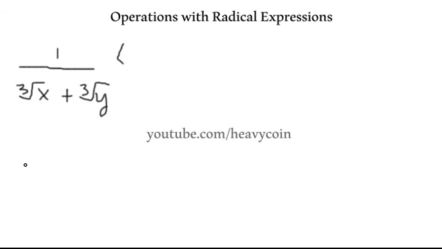This is a little trickier here because I just saw something. Let me rewrite this as 1 over x to the 1/3 plus y to the 1/3, writing it in exponential form. Now remember, we multiplied this guy by something over here.